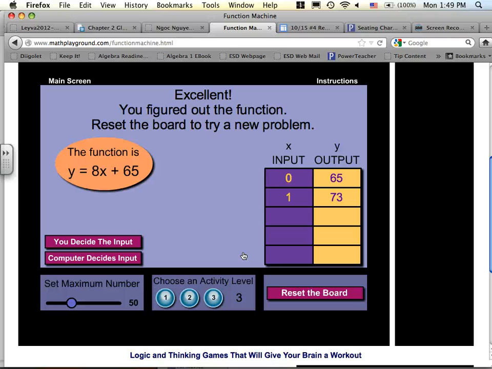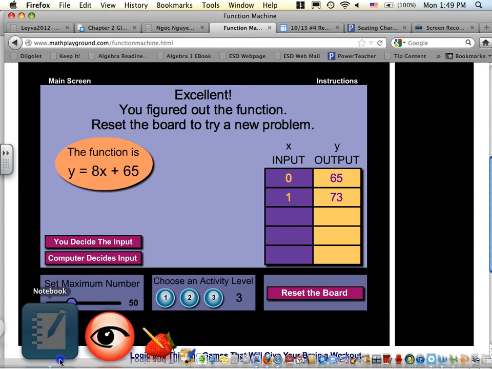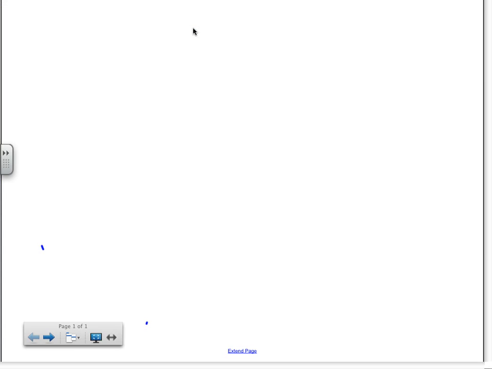But when you are doing it at home, you are the machine. That's what you're doing. You are the machine. I give you the input. You process it yourself, and then you give me the output. Okay? So what does it look like when I put this back here as a function notation?